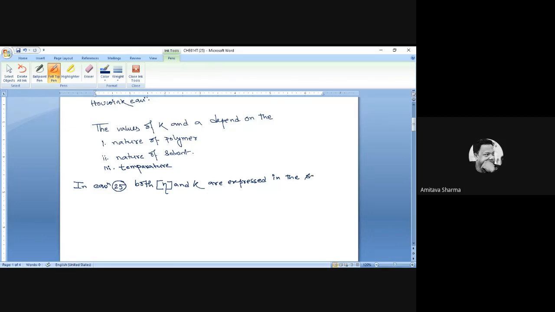Both have the same unit. Suppose it may be centimeter cube, cc, or deciliter per gram and so on. They have the same unit.